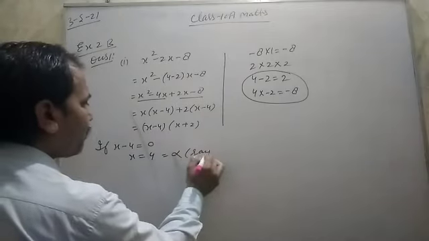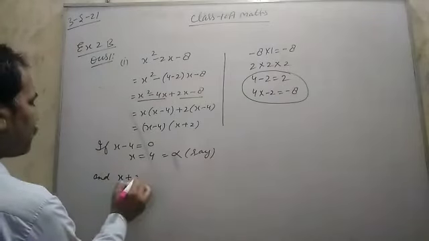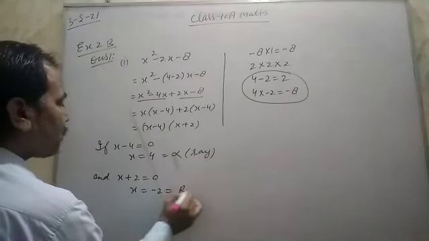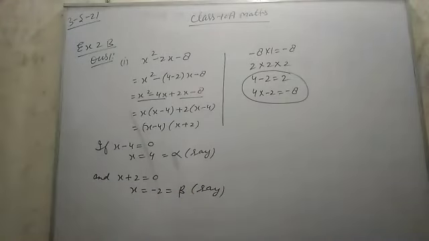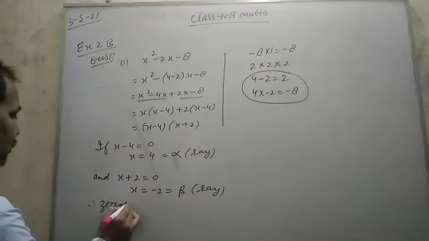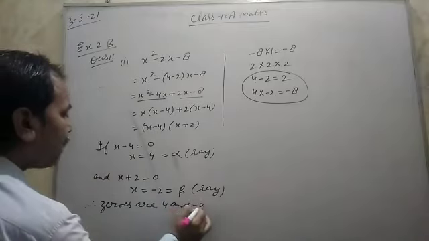And the second bracket x plus 2 is equal to 0, so x is equal to minus 2, that suppose beta. Okay. So now you can write, therefore zeros are 4 and minus 2.